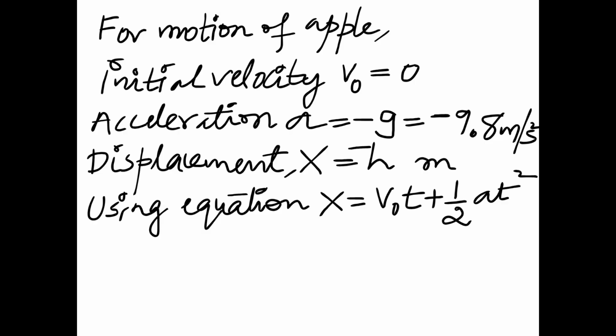We'll substitute the values we know. x is minus h, that is equal to, as v naught is 0, the first term becomes 0.